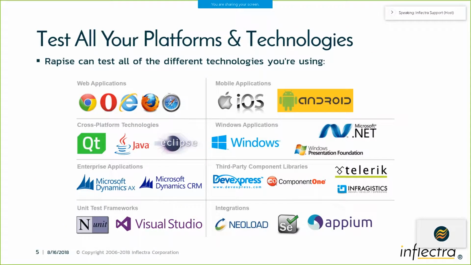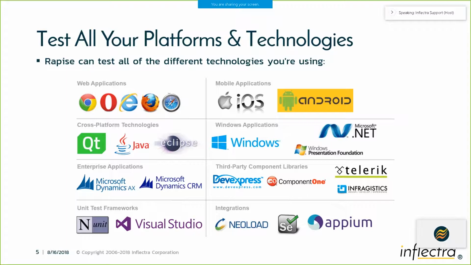One of the key things about Rapise is that it can test a variety of different applications. First of all, it can test most web applications using a combination of different browsers. It can test mobile, as I mentioned, Android and iOS. It can also test other platforms like Java, Eclipse, Qt, as well as a wide variety of Windows-based applications.